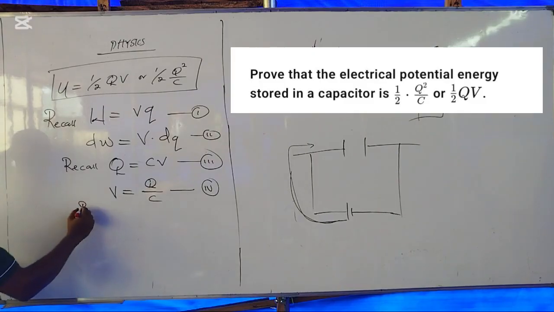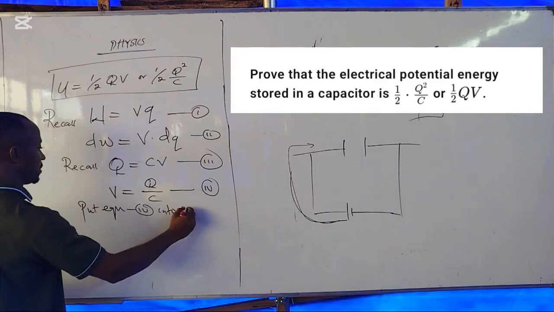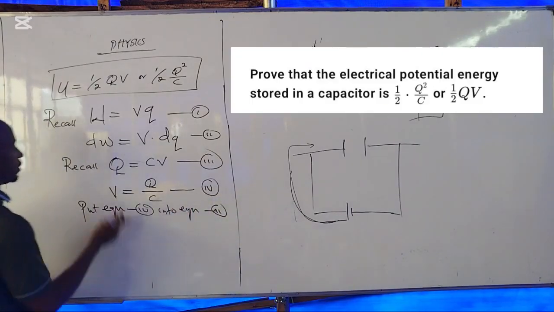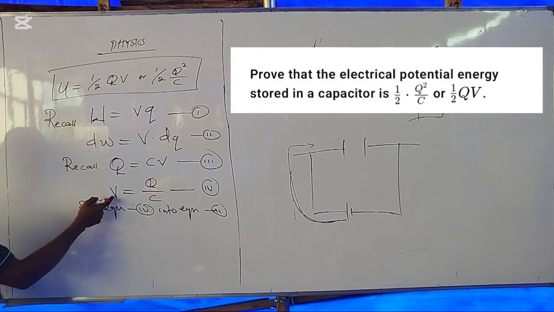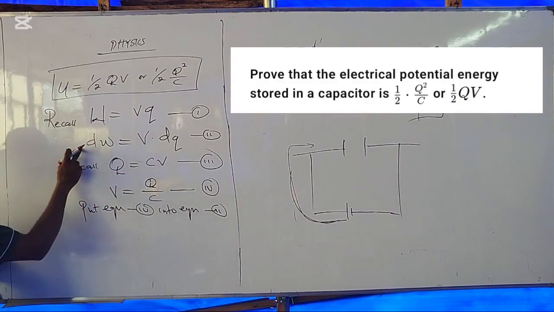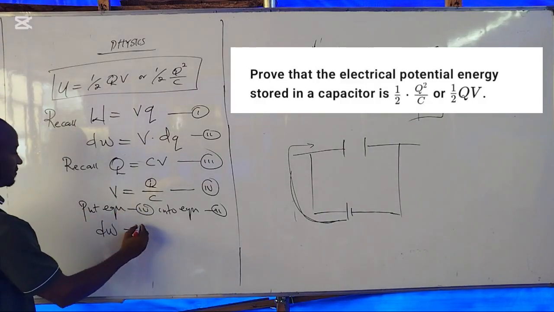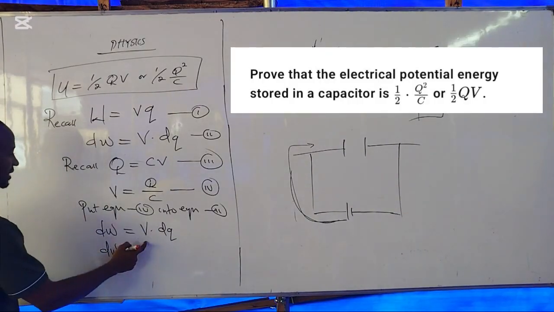Now, I'm going to put equation 4 into equation 2. You know we got V equals this from this. So let's put our V as Q over C into equation 2, which is our change in work done, equals V dQ. So our change in work done equals what, with V now?